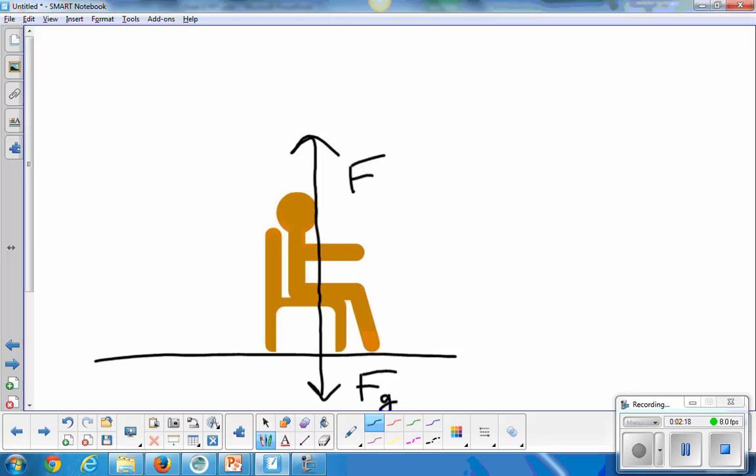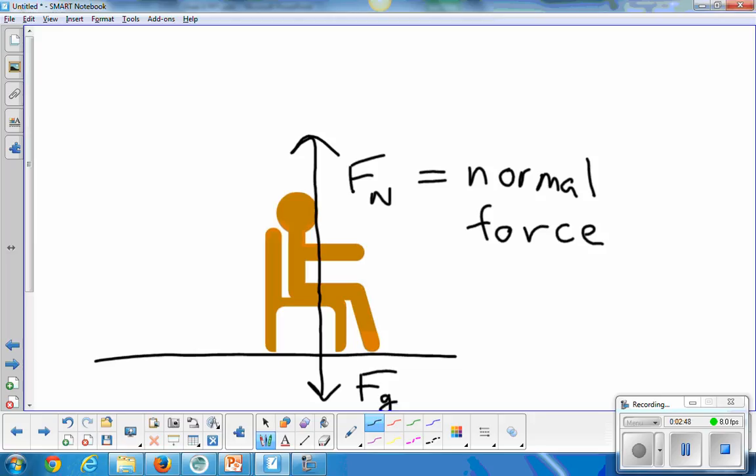And we call this a normal force. Normal not as not unusual, but rather normal in a mathematical sense. That means perpendicular to a surface. So if this person is sitting in the chair, the normal force pushes upwards, perpendicular to the surface he's sitting on.